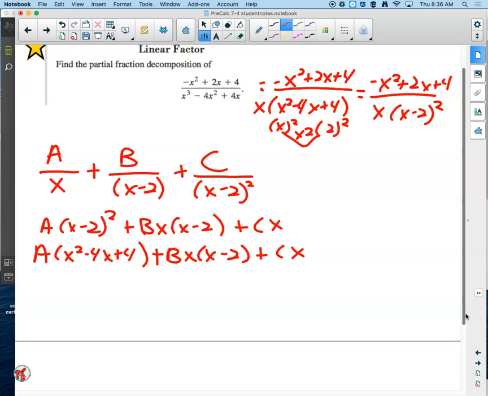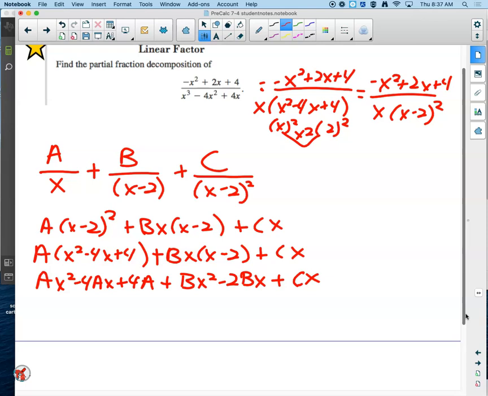And then let's go ahead and distribute. I don't like that my C kind of looks parentheses-like there.